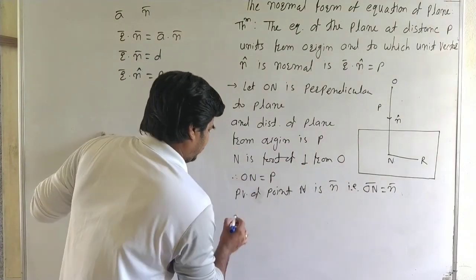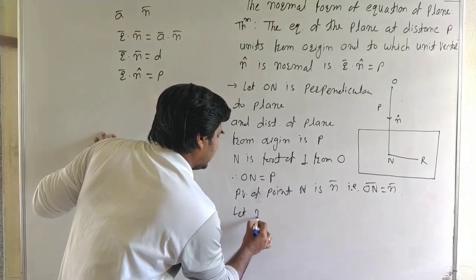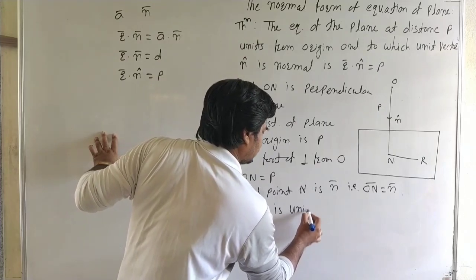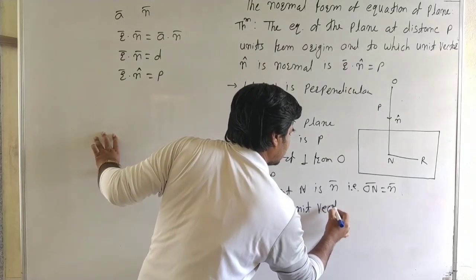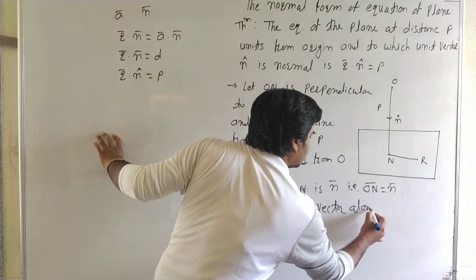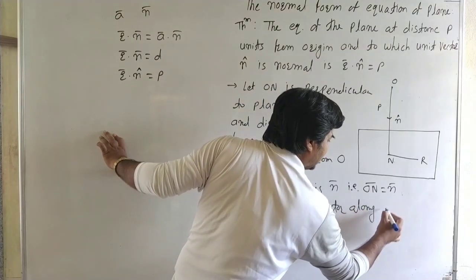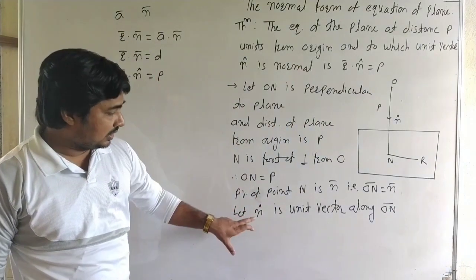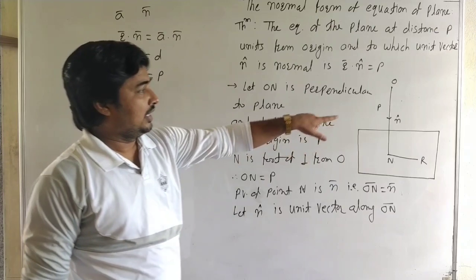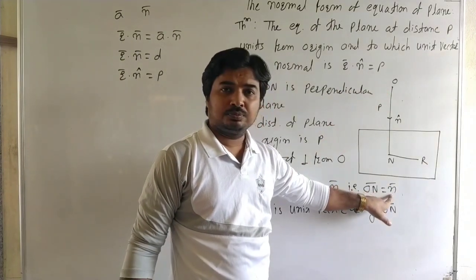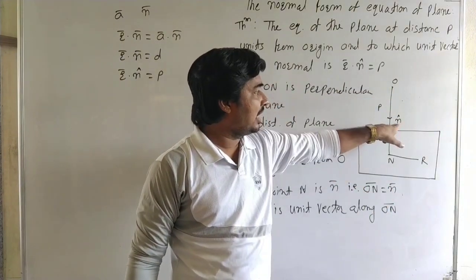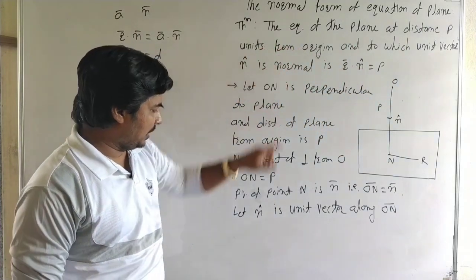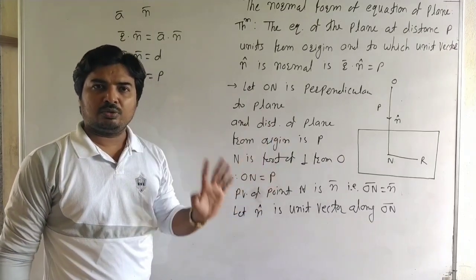Let N cap be the unit vector along N bar, that is along ON. And here ON is perpendicular to the plane, therefore N cap is also perpendicular to the plane.